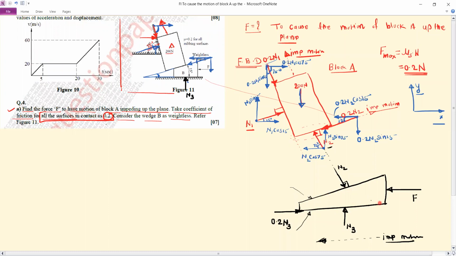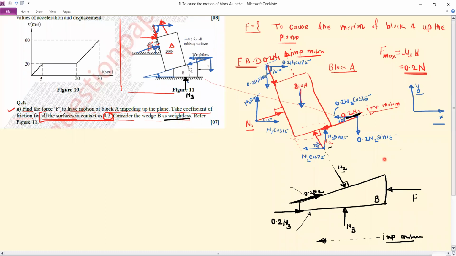The complete wedge B is moving towards the left side. So at this contact surface, friction will be like this, along the plane and opposite to the impending motion. So this value is 0.2 and this is normal reaction N2. Just observe this friction force is exactly opposite to this friction force because it is the common contact and the wedge B is weightless. So we will not consider the weight of the wedge.